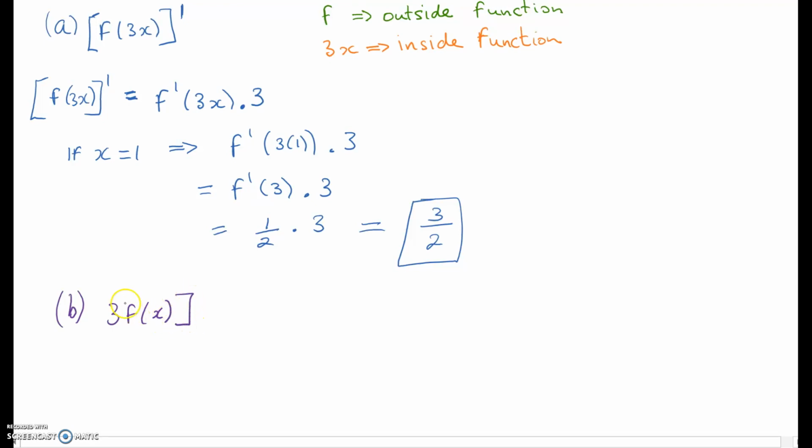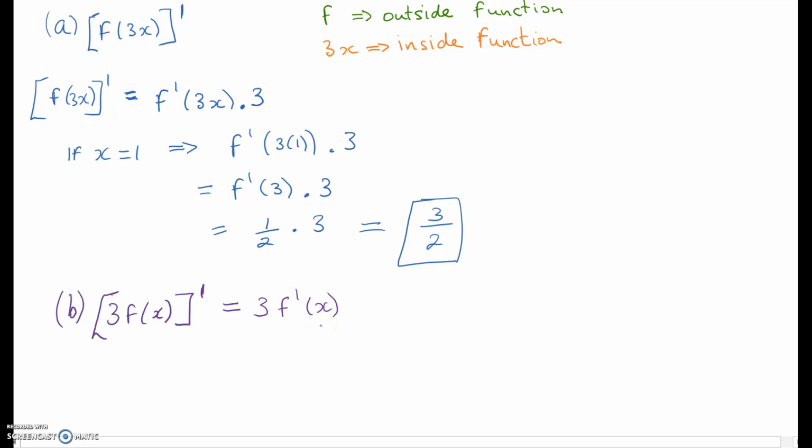It's probably better not to think of this one as a composition of functions, with an inside function and an outside function. Really here you're using one of the earlier rules: the derivative of a constant times a function. We didn't actually think of it as a chain rule. Basically, that's the same as 3 times f prime of x.